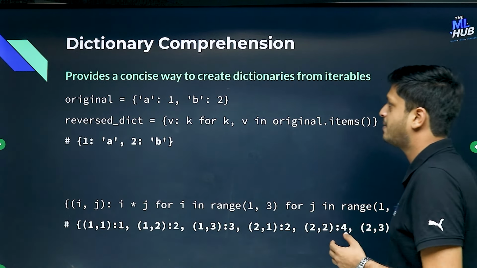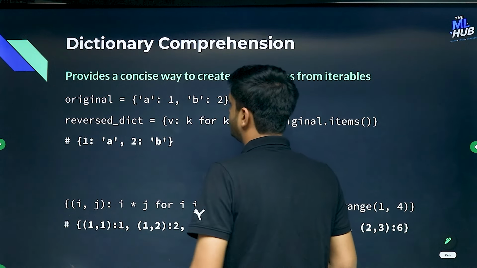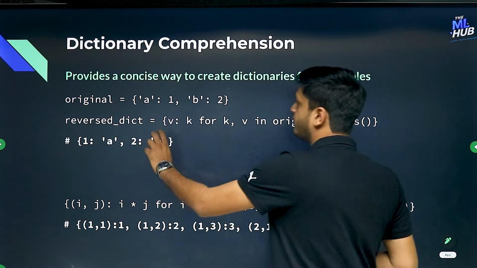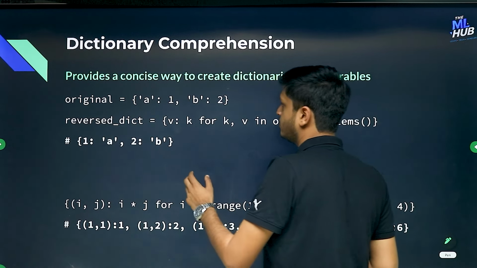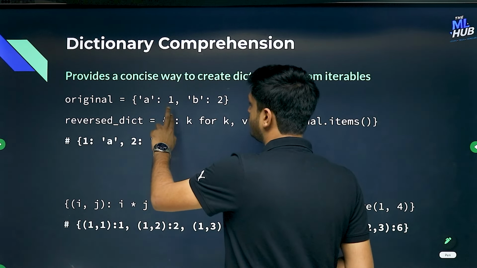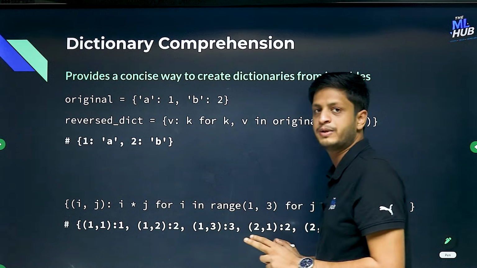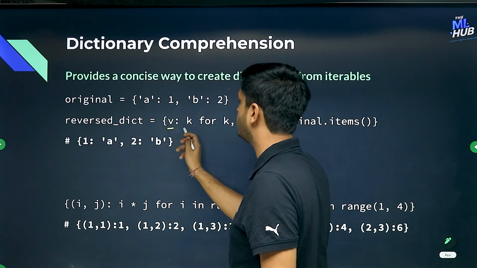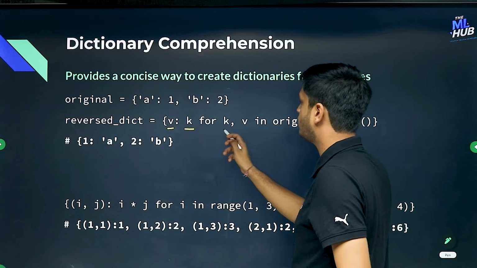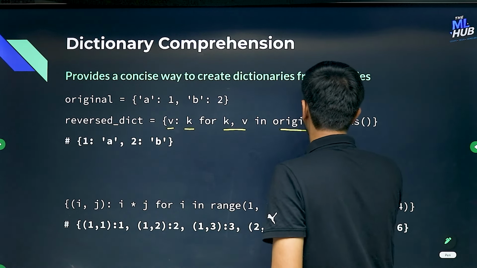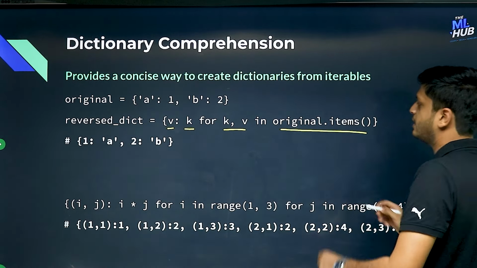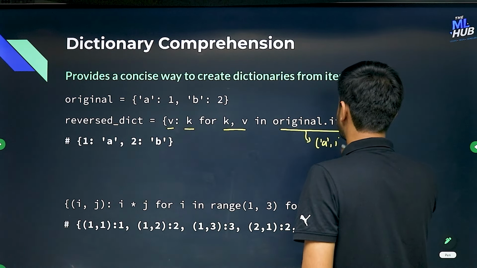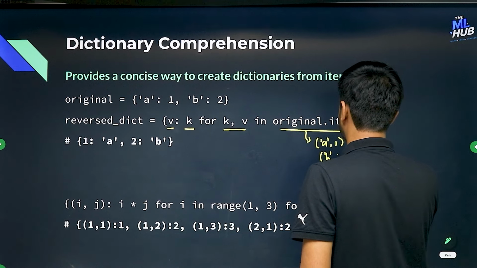Now here we have more examples. Let's say the original dictionary is A1, B2. Now we are creating a reverse dictionary, which means we want the key to be the value and the value to be the key. So we can do it using comprehension. We can say reverse dictionary is equal to v colon k for k comma v in original dot items. Now original dot items will give tuples like a comma 1 and b comma 2, right?